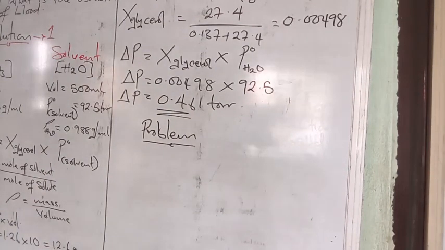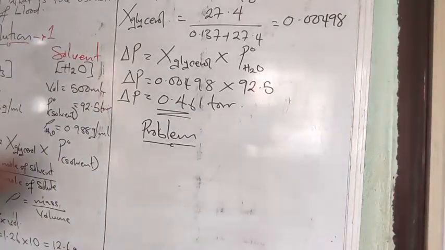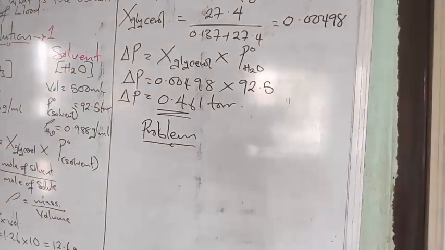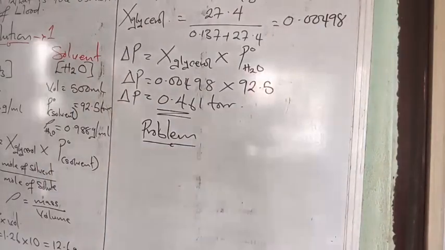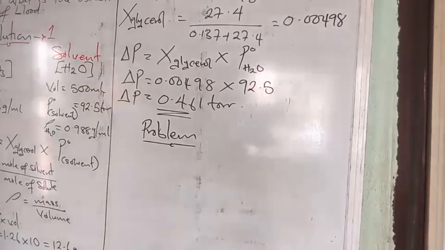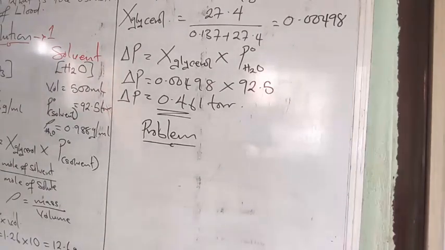We're told that when this amount of glycerol is added to 500 ml of water, you get the mole fraction of glycerol. They said you add 1 kilogram of ethylene glycol, an antifreeze, to your car radiator, which contains 4450 grams of water.